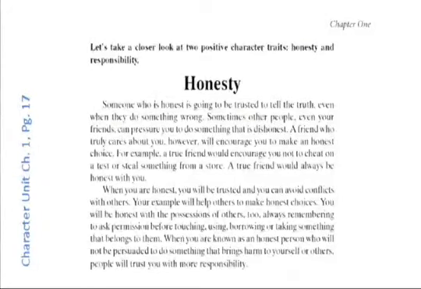And then here, let me see here. Let's look at the slide. Did I cover that last time? I think I did, but let's just go ahead and look at it again on slide 11. This is from the character unit, chapter 1, page 17, under let's take a closer look at two positive character traits, honesty and responsibility.